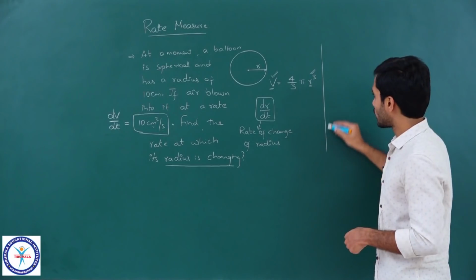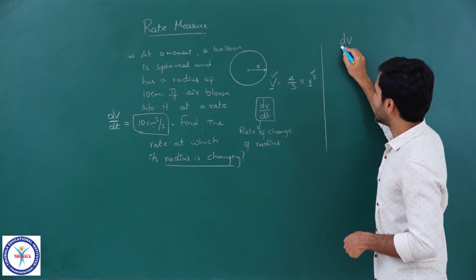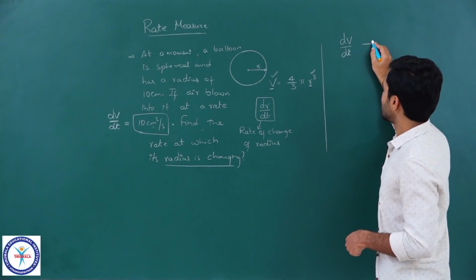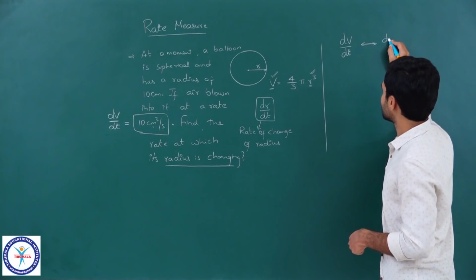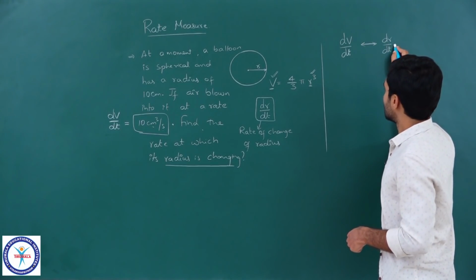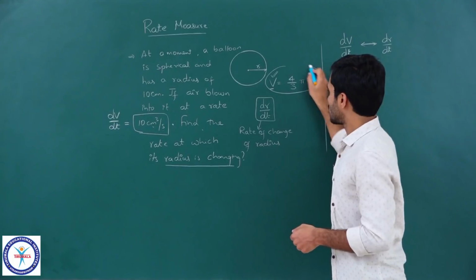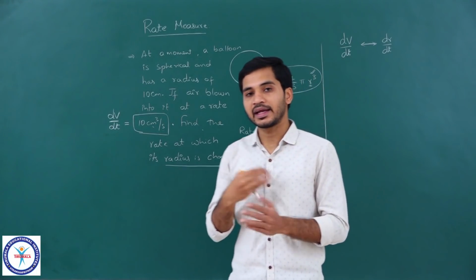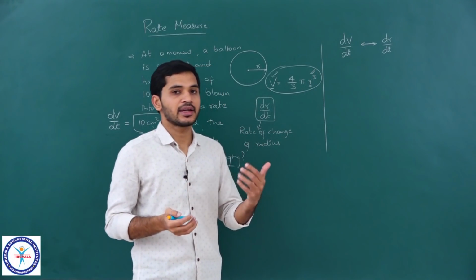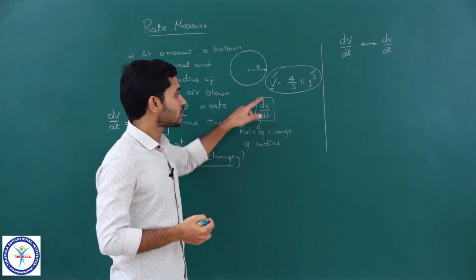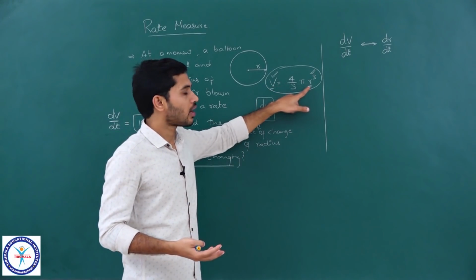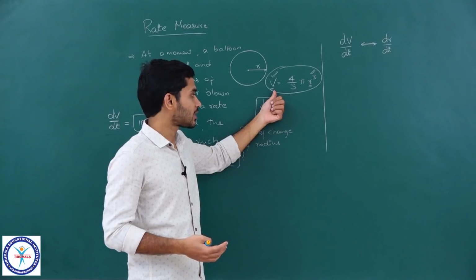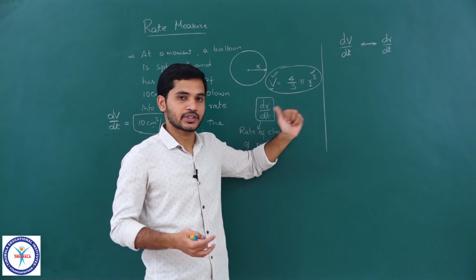We have to find the relation between dV by dt and dr by dt. We already know how the volume and radius of that sphere are related with each other. Because volume is increasing, r should also increase. So, we know this rate, we need to calculate this rate, clear.